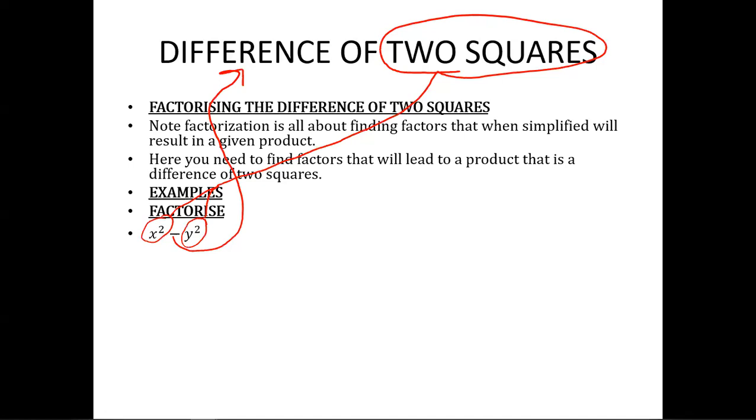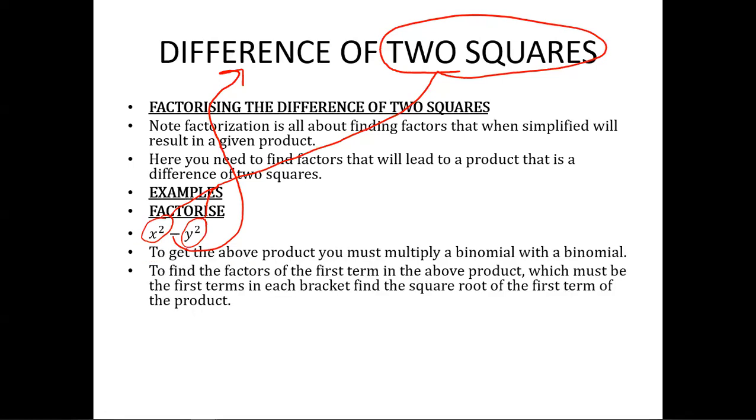Now, to get the above product, you will need to multiply a binomial with a binomial. To find the factors of the first term in the above product, which must be the first terms in each bracket, you need to find the square root of the first term of the product.